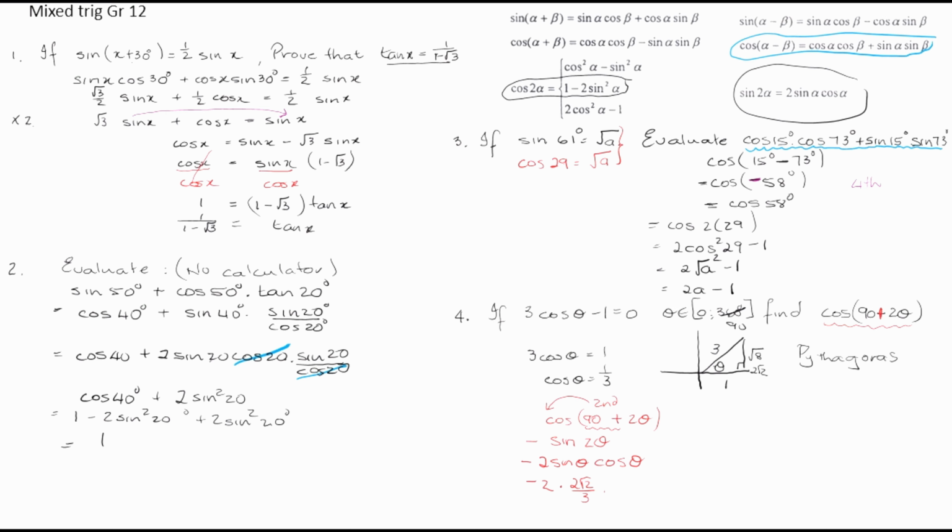And cos of theta is 1 on 3. Right, so as not to squash it in too much, that's going to give me negative 4 root 2 on 9. And that's it. Right, apologies about that there, please. I wanted it in the first quadrant.